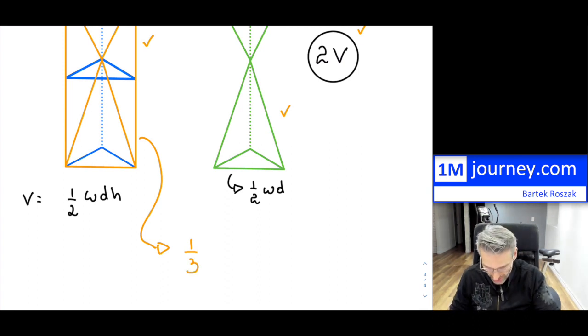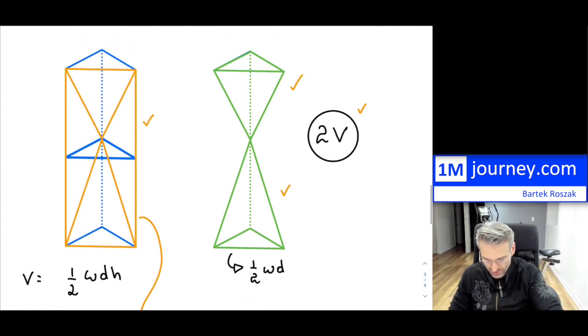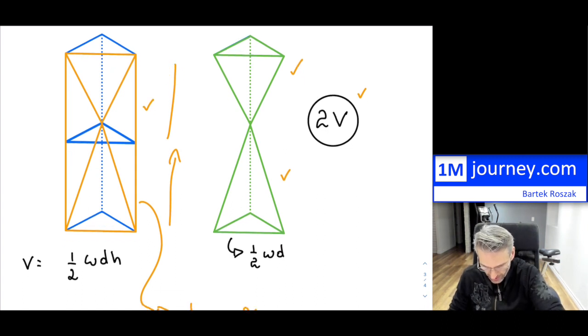So it's a third of the base. Now the base itself is the width, right? So that is the width right there times 2h, right? Because it's twice the height. So that's height going 1, 2. So that's the 2h right there.